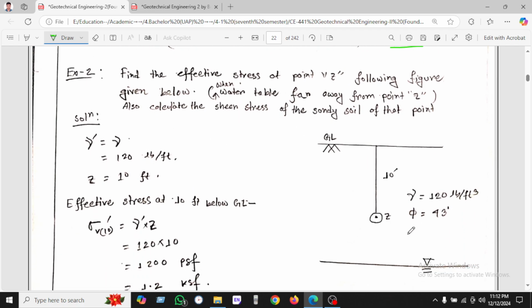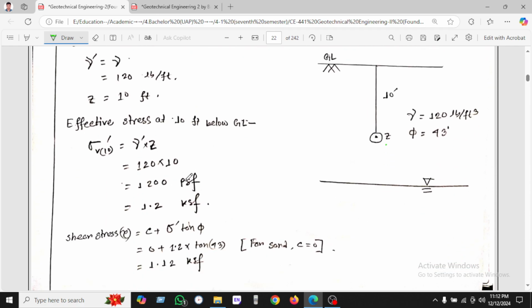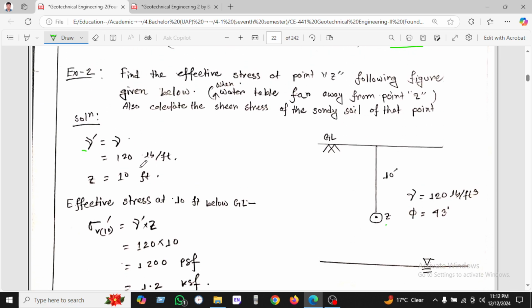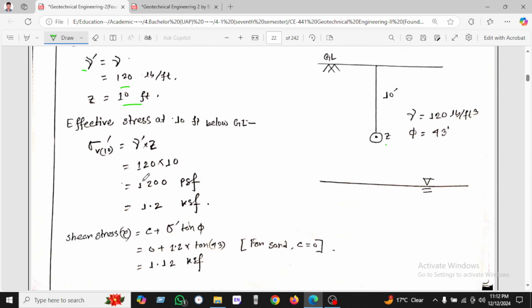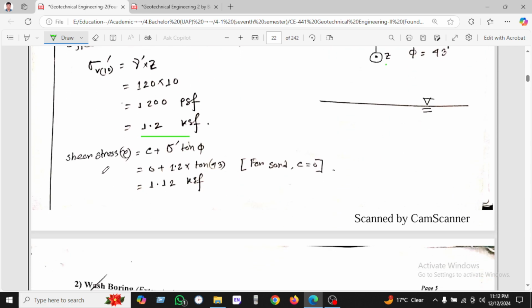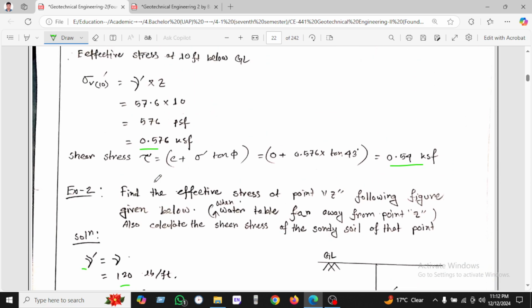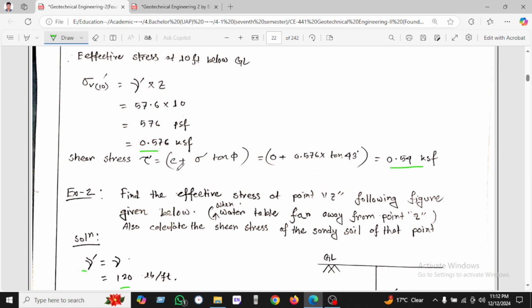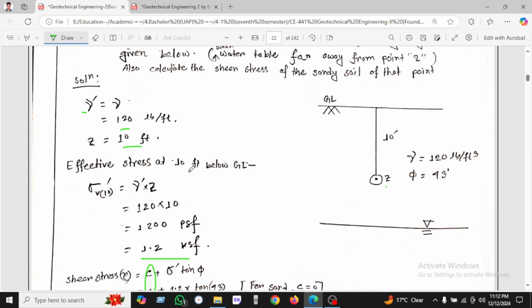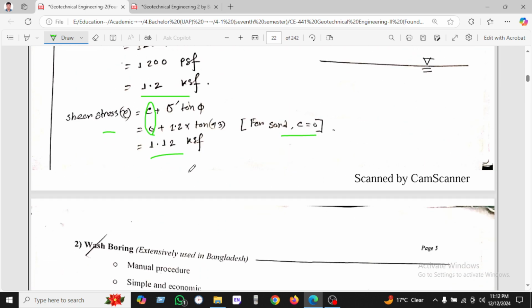Similarly we have found another example, and stress equal to 120 and Z equal to 10, and effective stress at 10 feet is 1.2 kip, and shear stress 1.12, when the C is 0. So in this portion C is 0. On the other hand, we can see here the C is also 0. Okay.